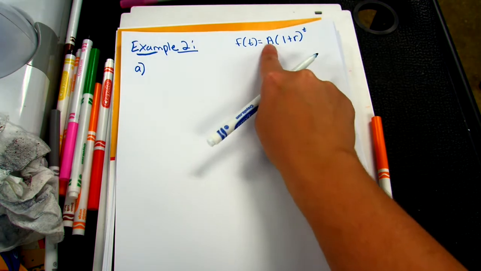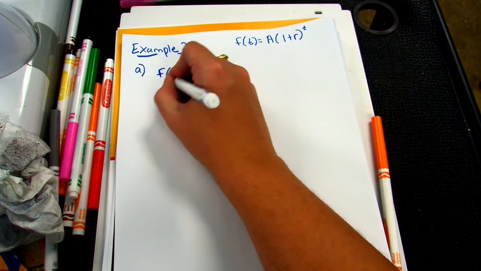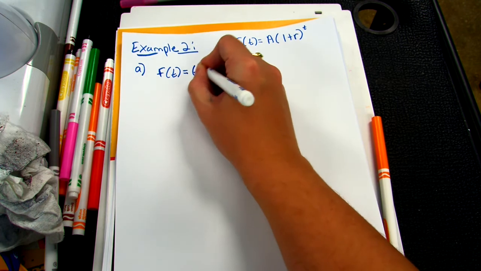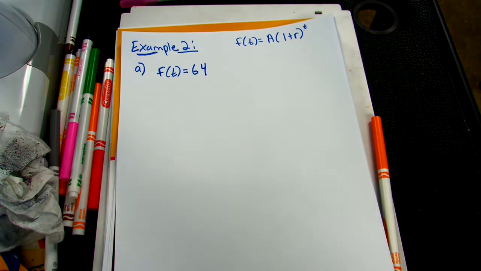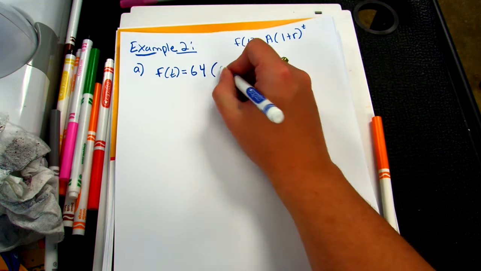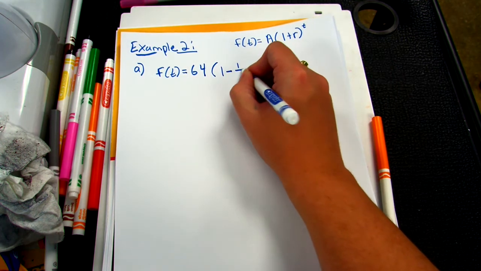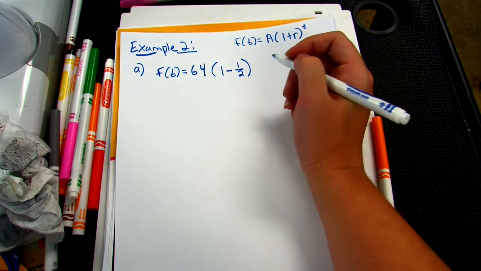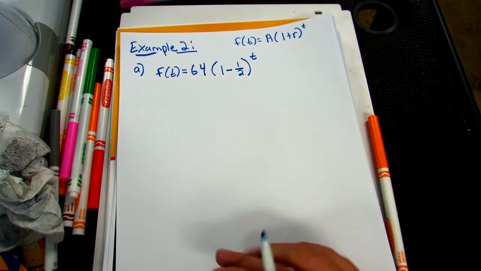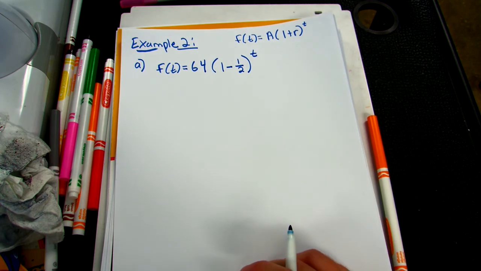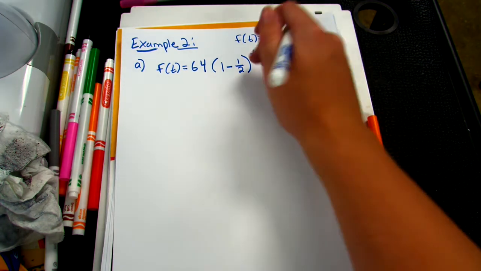So we know that a is 64. And then we also know that we're losing half of the teams each time. Half is the rate. So we have 1 minus half. Okay, and then we just have to the t power. That's part of our function.